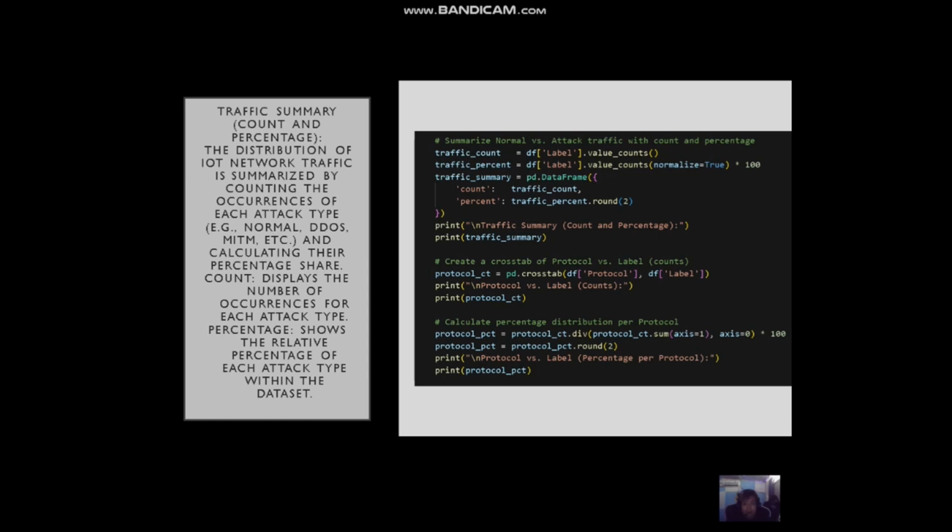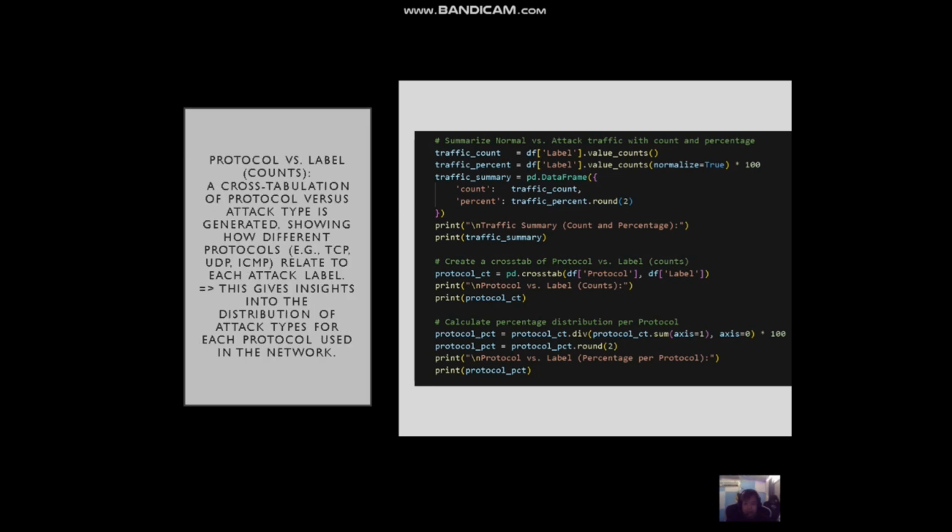First is the count, which simply tells us how many times each type of traffic occurs, and the second one is the percentage, which shows us what portion of the total dataset each traffic type represents. This gives us a clear view of how the network traffic was distributed, whether it was mostly normal or dominated by malicious activities. It is an important first step in understanding the overall behavior of the network.